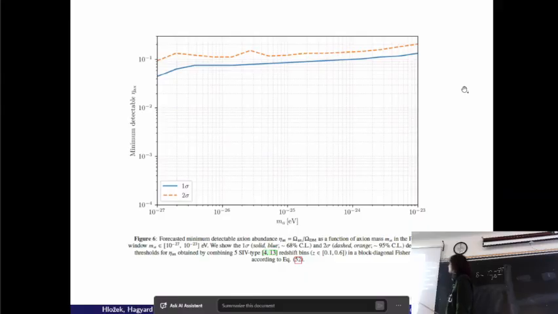And this increases to about 10 to the negative 23 mass, and you see that this minimum abundance hits this threshold here. So essentially, with 95% confidence, our model can project that axions may be detected between 9% and 20%.